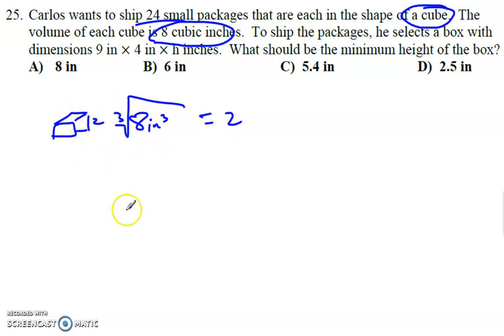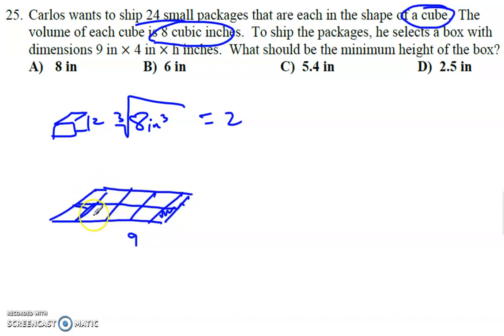So the cubes are 2 by 2, which means if I have a top that is 4 wide, I can fit 2 cubes in the top, lengthwise. And then across, if this is 9, then I can fit 4 this way, and I have an inch extra. So that gives me 8 this way.